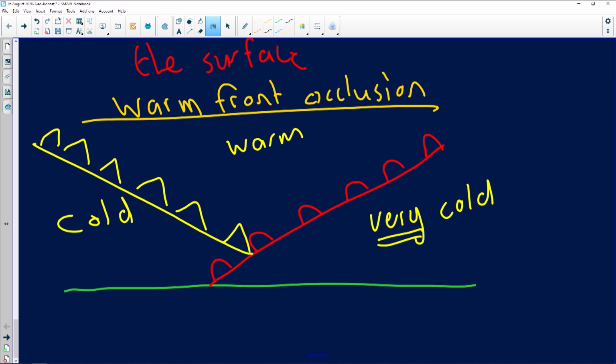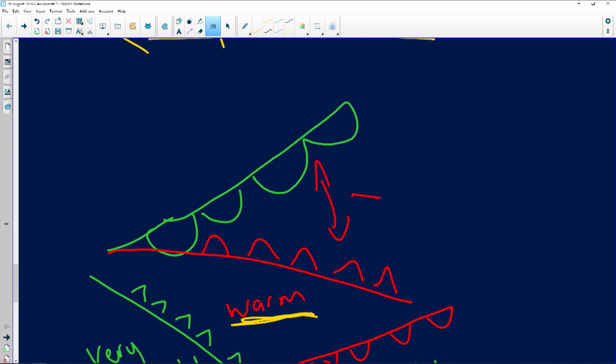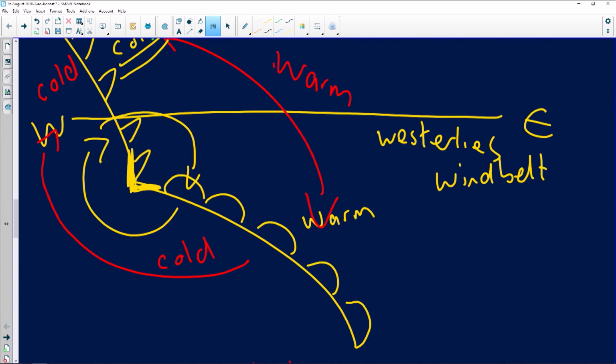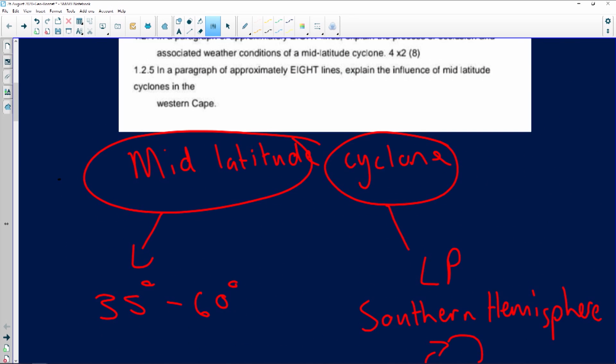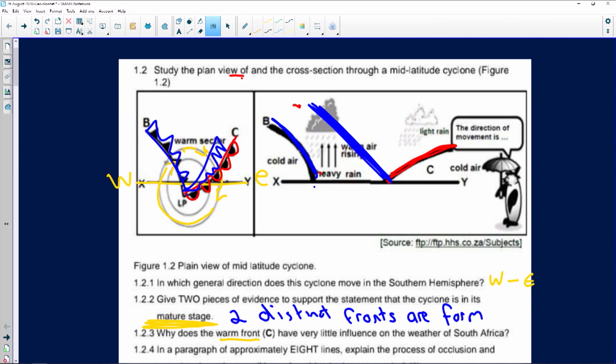Now, as you can see, with the warm front occlusion, the warm front attaches itself to the surface. Reason why is because the air in front of the warm front is colder than the air behind the cold front. Now, if we look at this diagram, I'm going to give you two examples, exactly the same that I've just done on the bottom, and explain it quickly on this diagram over here.